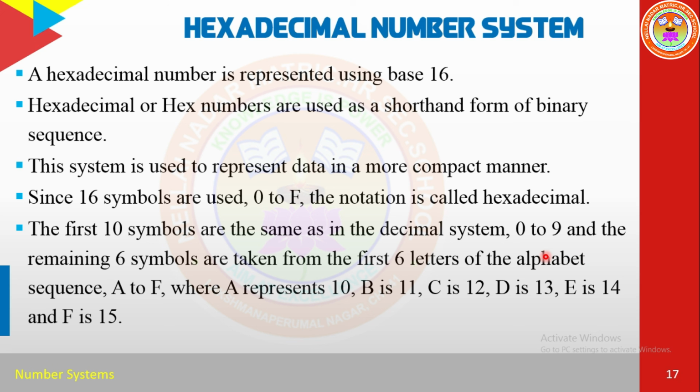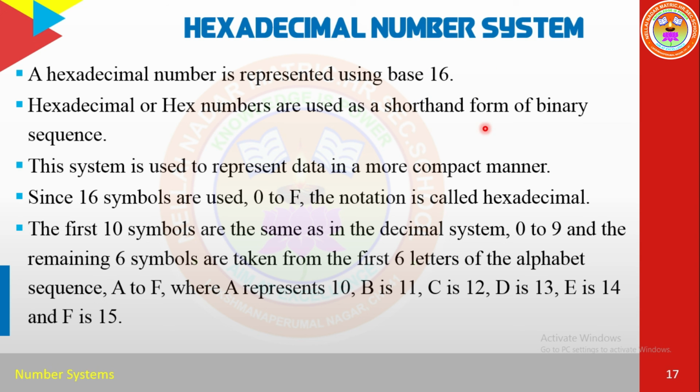Then after the 10th value, the remaining 6 values are called alphabets. Number 10 is represented as A, number 11 as B, and up to number 15 as F. So 0 to F, totally 16 values.